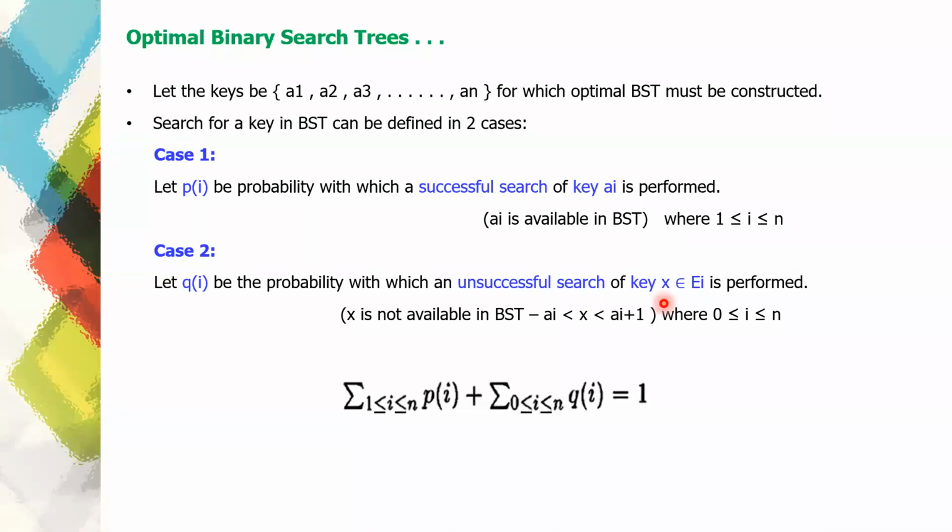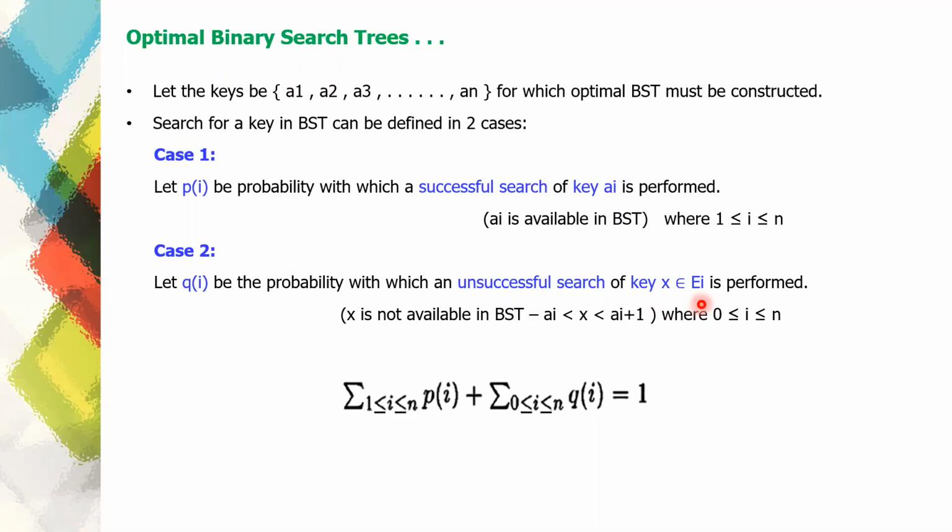That means this X is said to belong to EI. X belongs to EI. What is EI? In the previous session, I told that EI is the ith equivalence class. And this equivalence class will have a set of keys which represent an unsuccessful search.